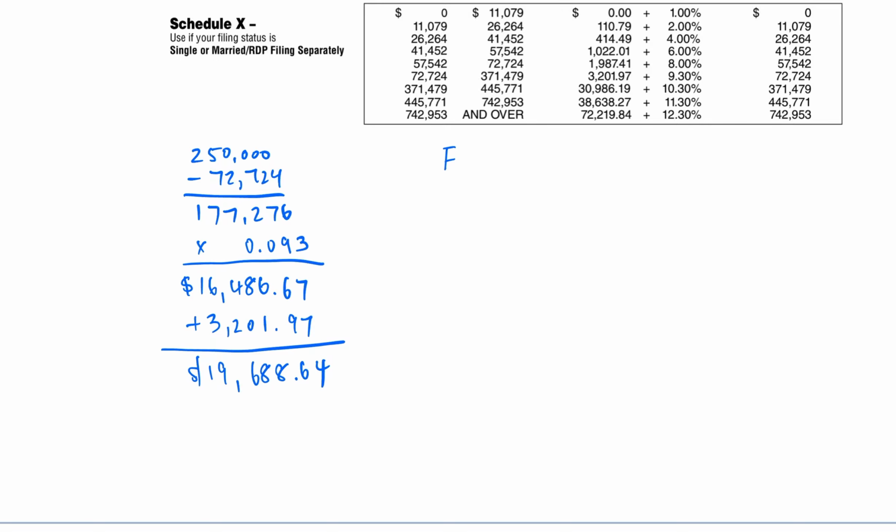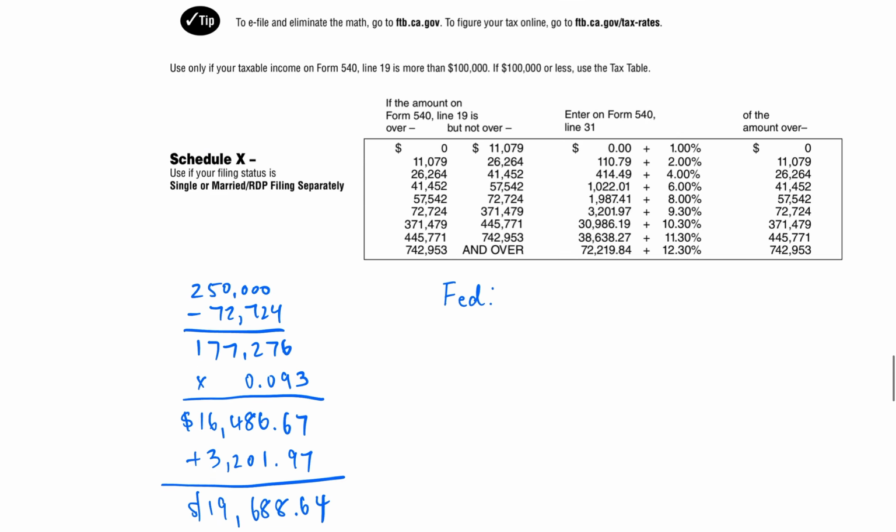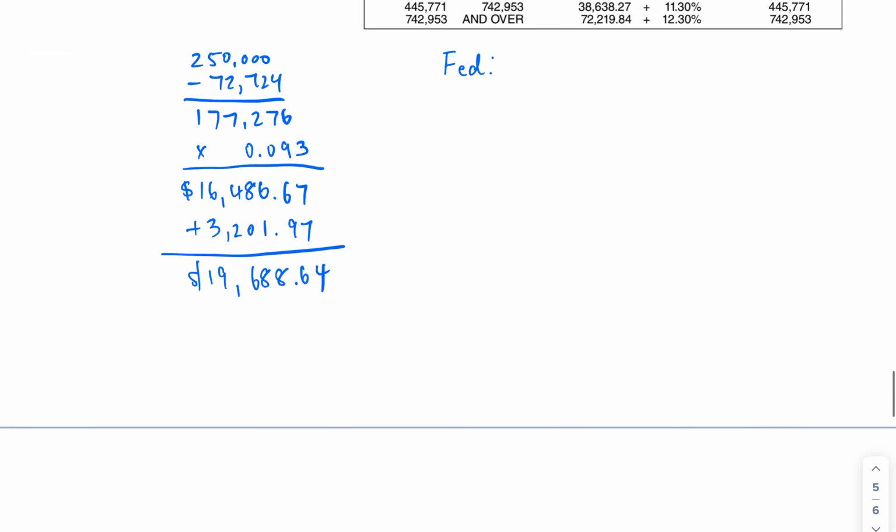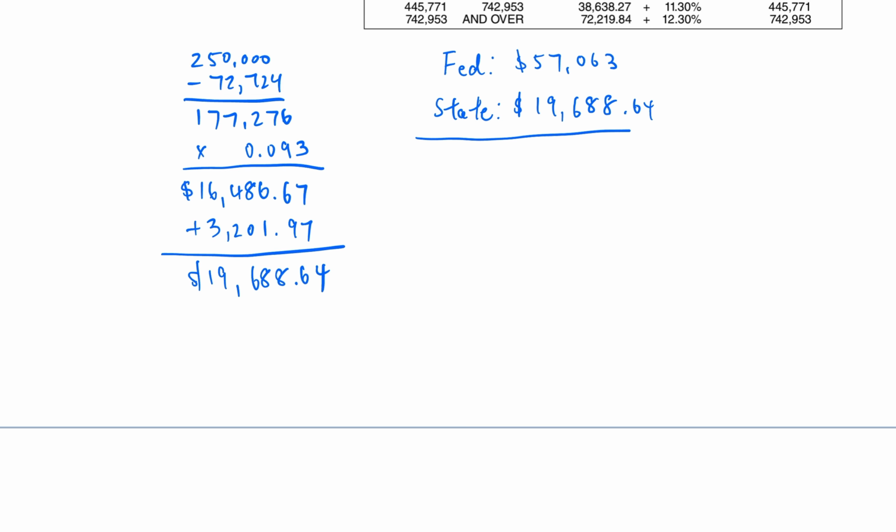So the federal tax, we calculated to be $57,063. And at the state level, we calculate that to be $19,688.64. So our total tax liability is going to be $76,751.64.